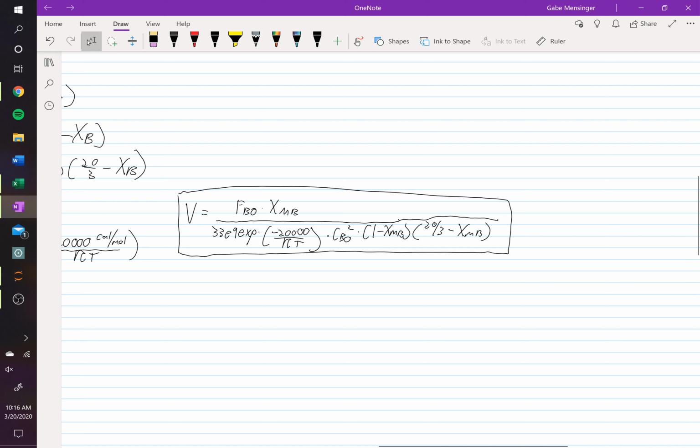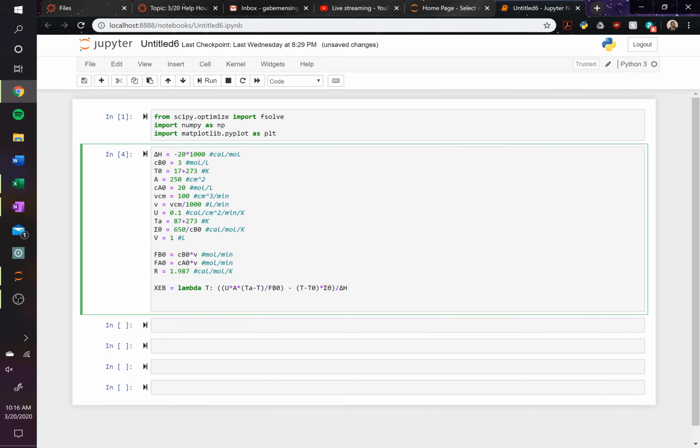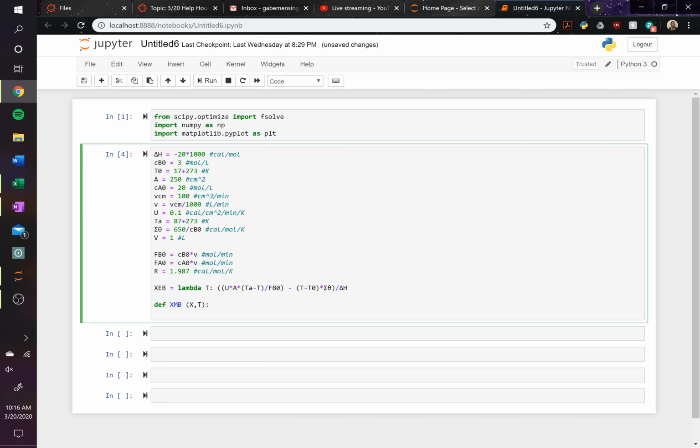So in this case, to solve for the conversion as a function of temperature, we're going to want to use fsolve. So we're going to do the full notation. So we're going to have x and T. I'm going to have k in there so it's not so cluttered.